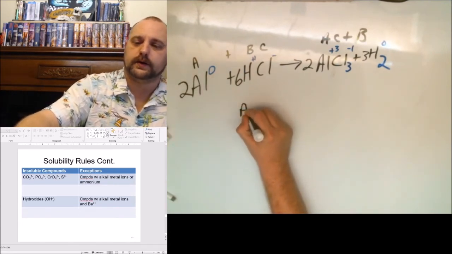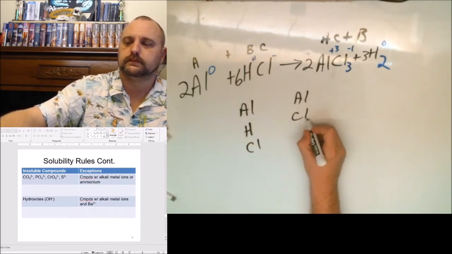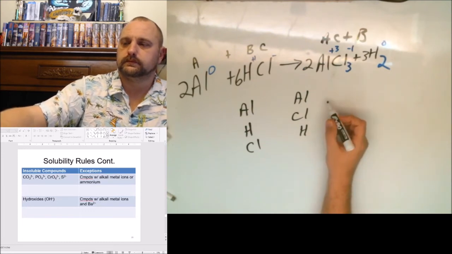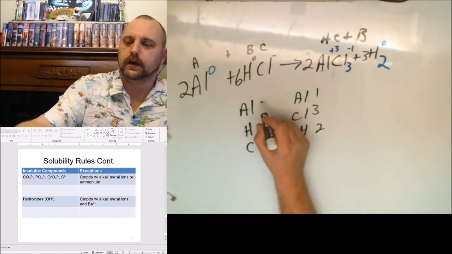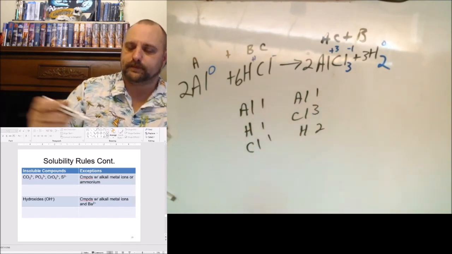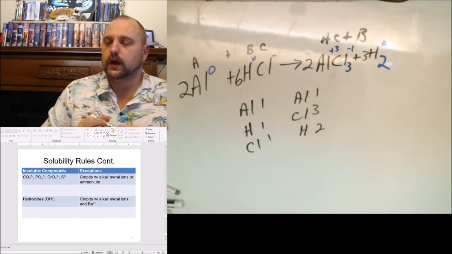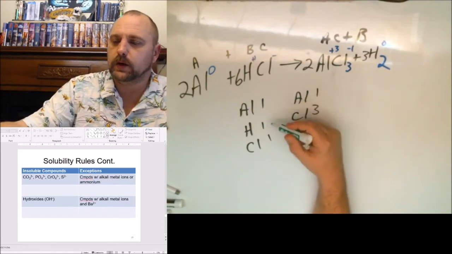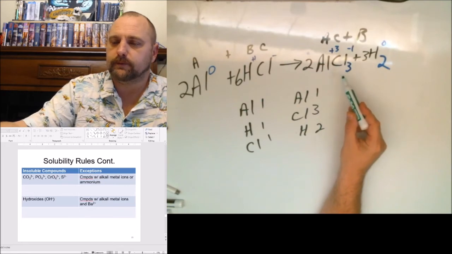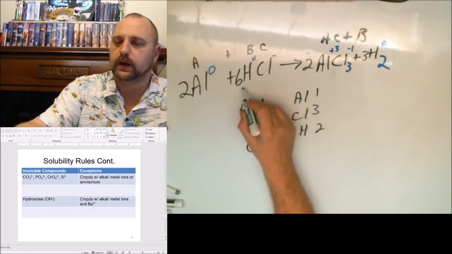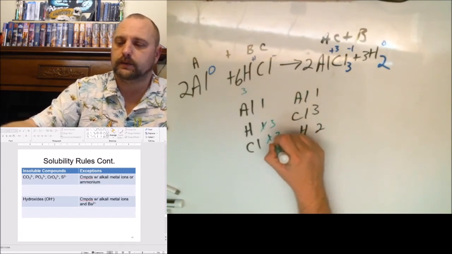Had I not done that trick, this would have been a 2 and a 3 and a 1, and this would have been 1, 1, 1. And so I would have, I'll do it in green, come in and had to do hydrogen and chlorine. The chlorine I would have probably done first, and I would have put a 3 over here to give me 3 on this side and 3 on this side.